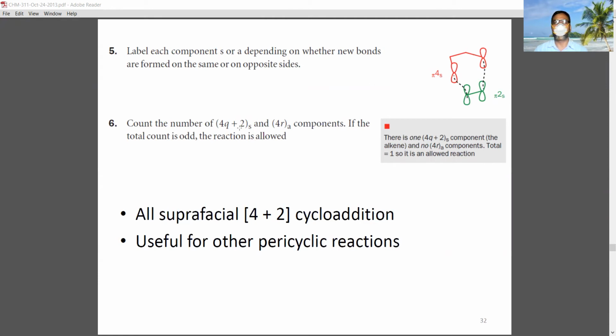So 4q+2s and 4ra components: there is one 4q+2s component, the alkene, and no 4ra component. So the total is 1. So it is an allowed reaction. All suprafacial 4+2 cycloadditions are useful for other pericyclic reactions.